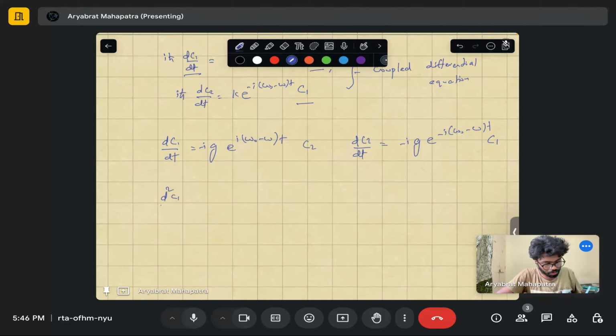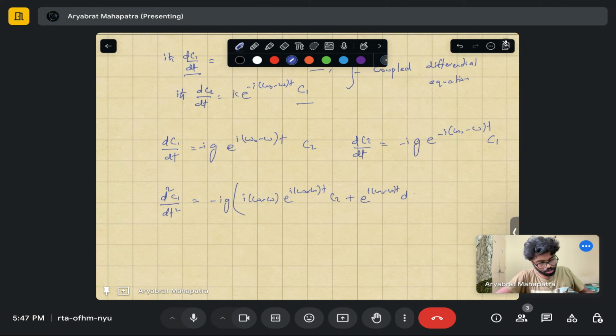So d square c1 dt square. On the LHS and the RHS you take the derivative, applying the product rule, and you get i omega naught minus omega times dc2, plus omega naught minus omega times dc2 dt.